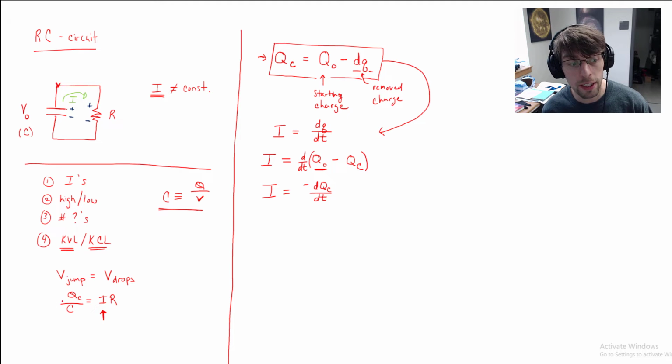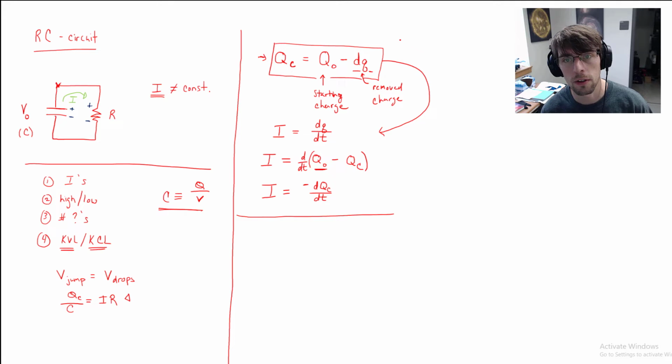Now we're home free. What we needed to do in order to solve Kirchhoff's equation is that we needed to somehow relate the charge on the capacitor to the current flowing through the resistor. And so now, let's take our current and plug it into our equation that we had using Kirchhoff's laws. So let's go ahead and do that.